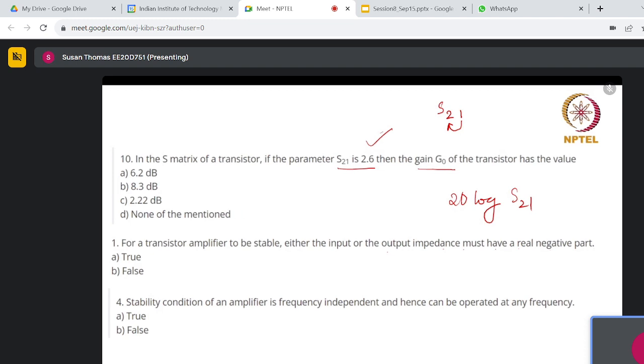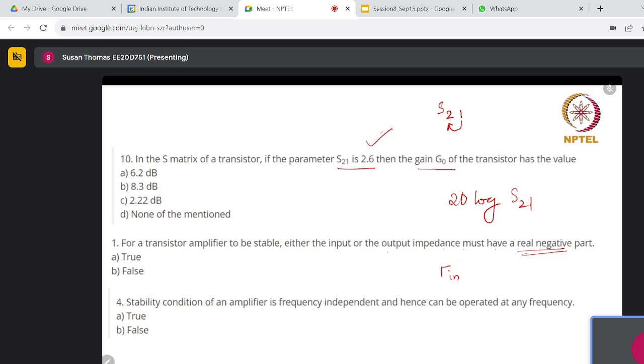So any reasons? If you imagine the input or output impedance is having a real negative part, what would be the gamma in? If there is a real negative part for the impedance value, what would be gamma in?